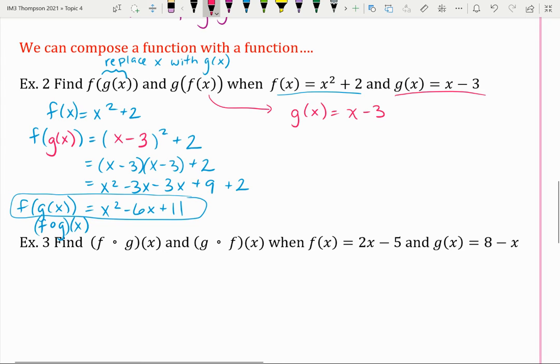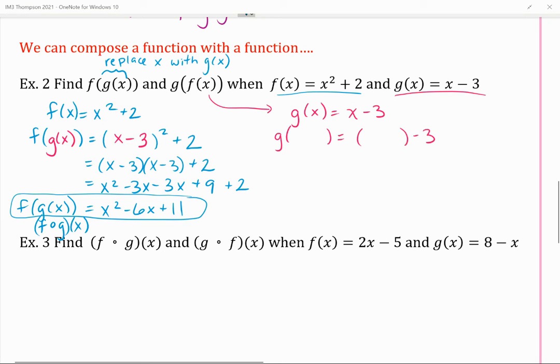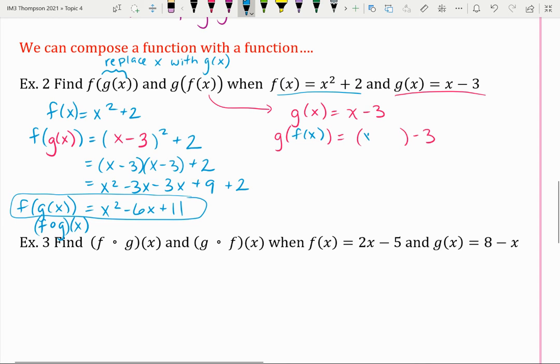But I'm going to take out the x. I like to just leave a space to start. And I'm going to replace it with f of x. So I'm plugging blue into red. Whatever's on the inside goes into the outside function. So when I evaluate g at f of x, I replace x with x squared plus 2.